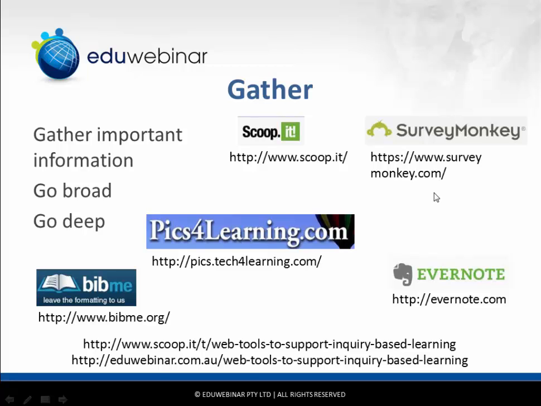Students can access those. There are other survey tools out there. If they're wanting to capture images that they want to use, again, needing to capture their references so that they can record that information. And then Evernote is a way of getting that information into one space, and Evernote will allow them to capture different resource formats.